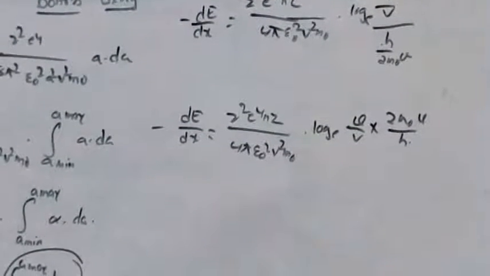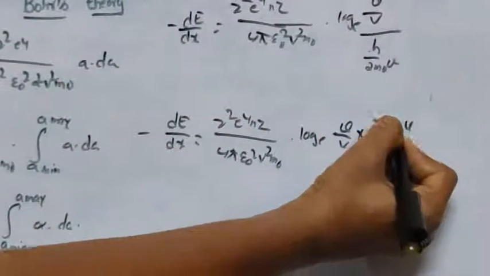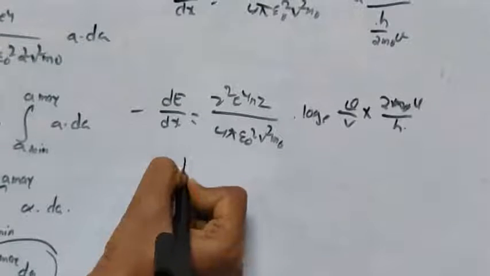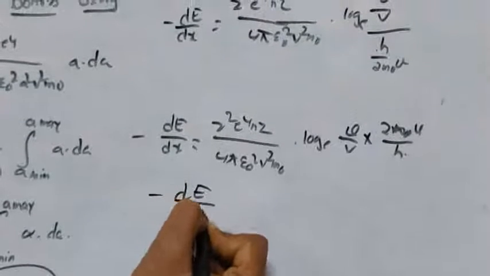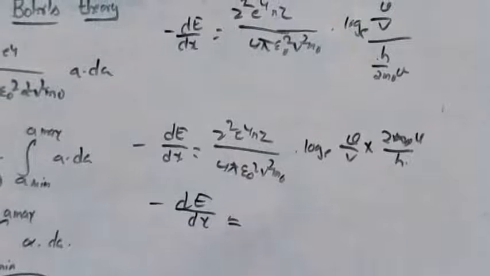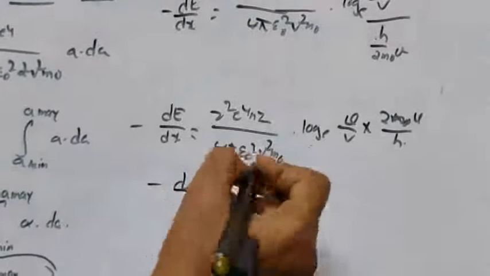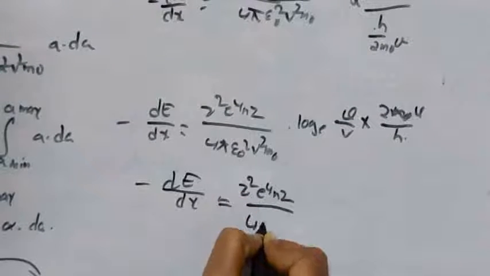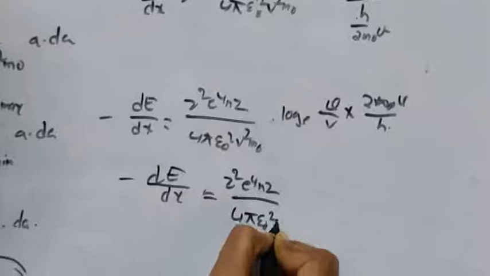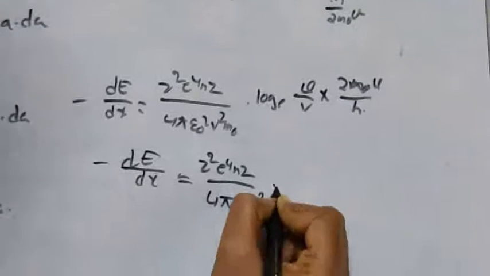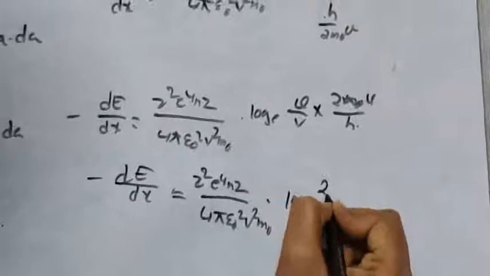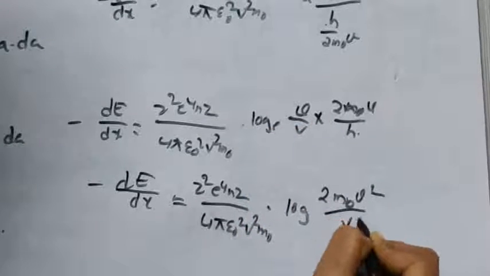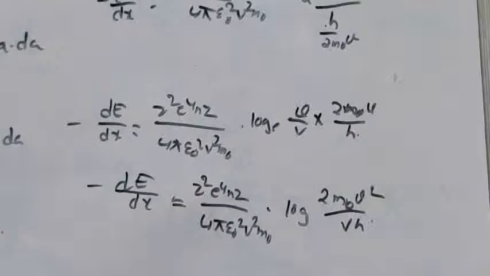Here 2m naught nu is there, so you can get it as minus dE by dx is equal to z square e power 4 nz by 4 pi epsilon naught square v square m naught into log 2m naught v square by h nu.